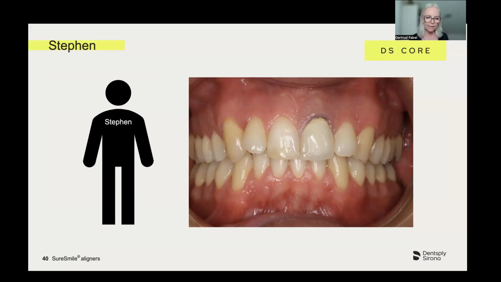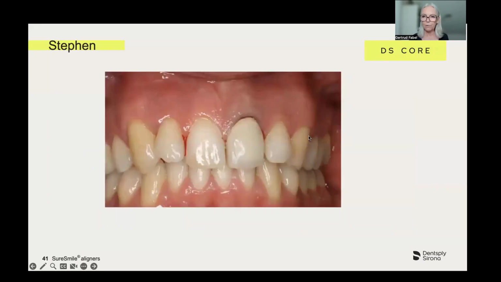If tooth axis and position are corrected before replacing the crown in the anterior region, the subsequent prosthetic restoration is much easier to design. So in that case, we made the IPR only on the crown. So we made the crown about 1 millimeter more narrow.